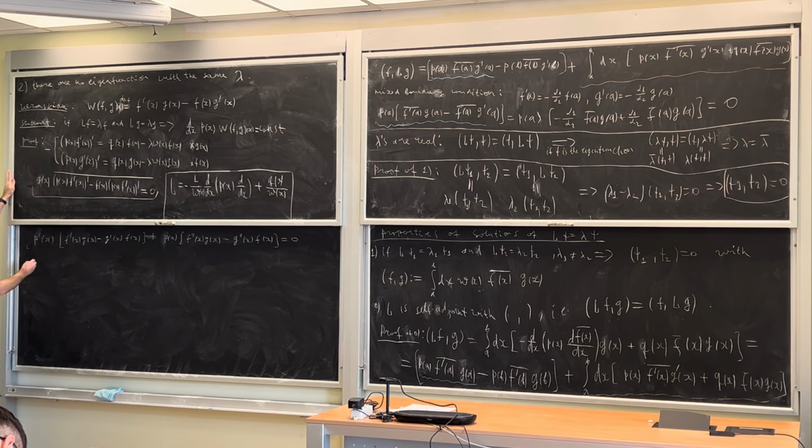And what happens if we differentiate the Wronskian of f and g? How many terms will we have, and how many terms will cancel?